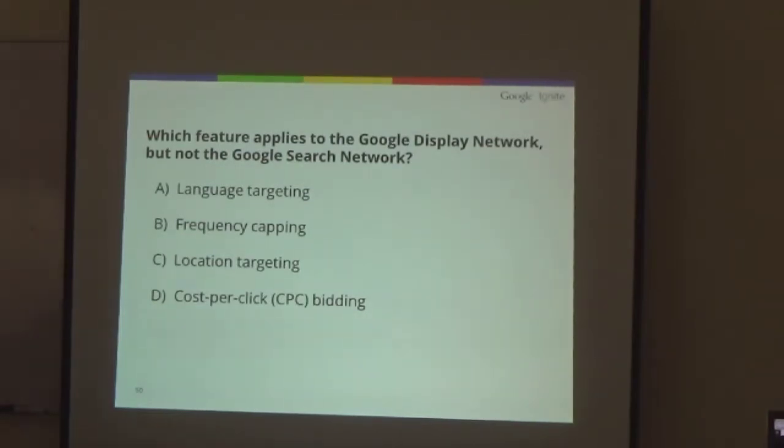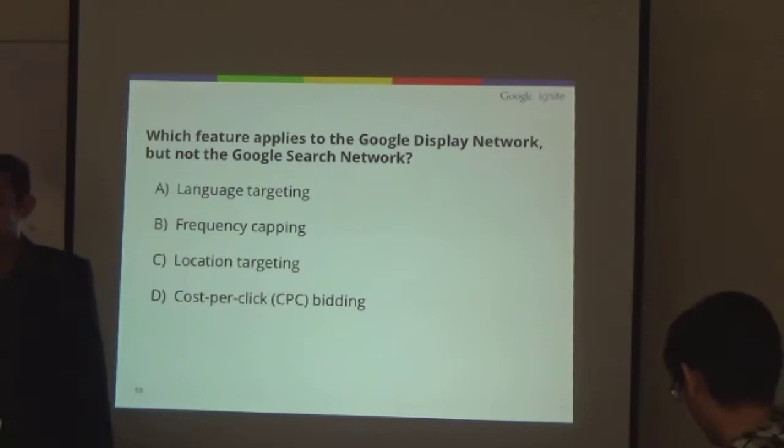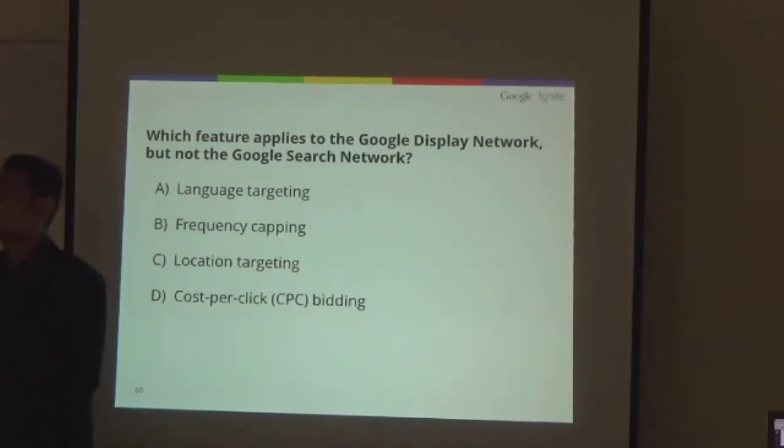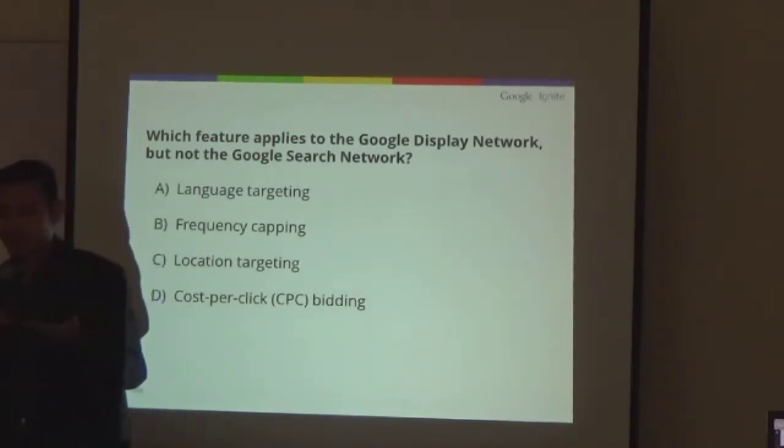Which feature applies to GDN but not to Google Search Network? Is it language targeting? No? For language targeting, true or false? Can we use language targeting? Meaning, can it be used in search?